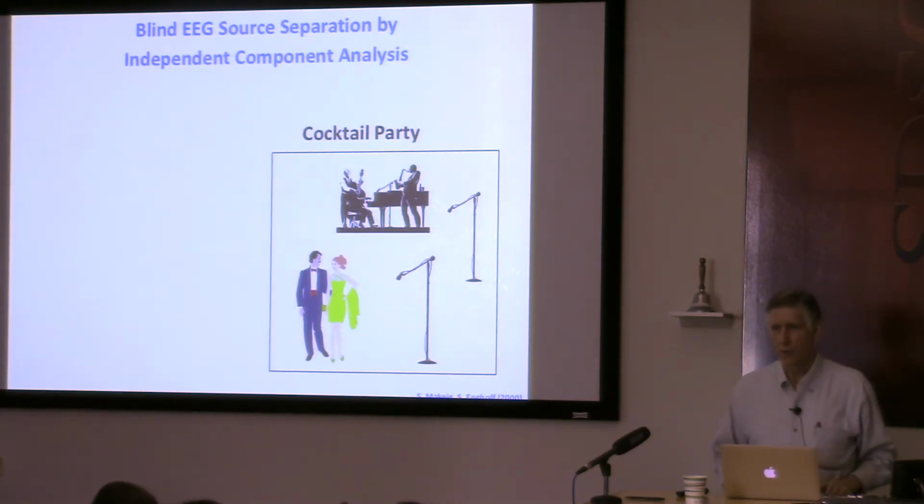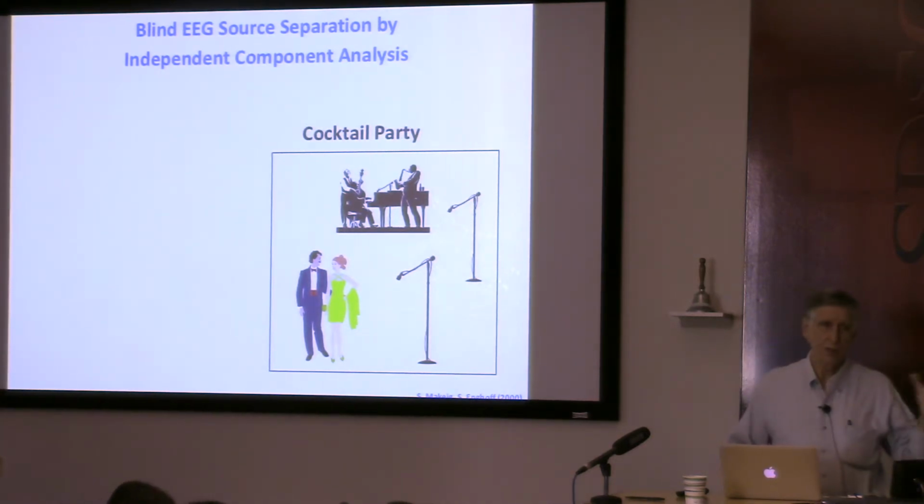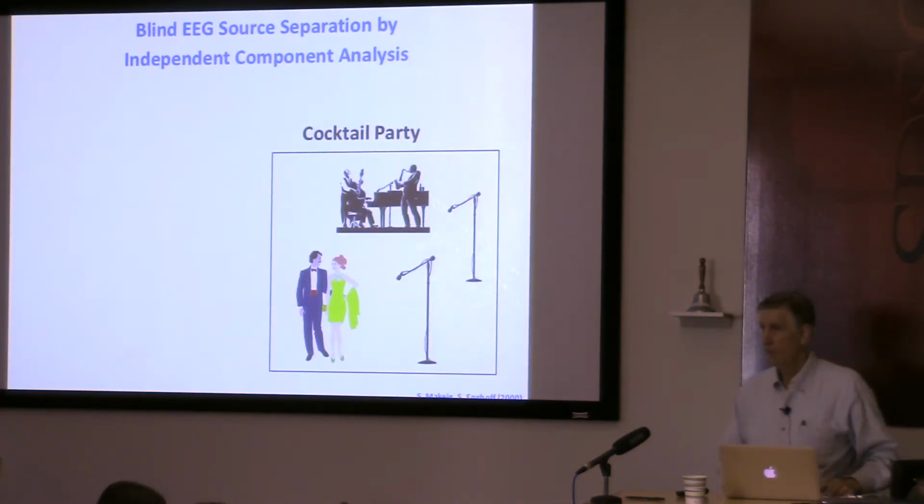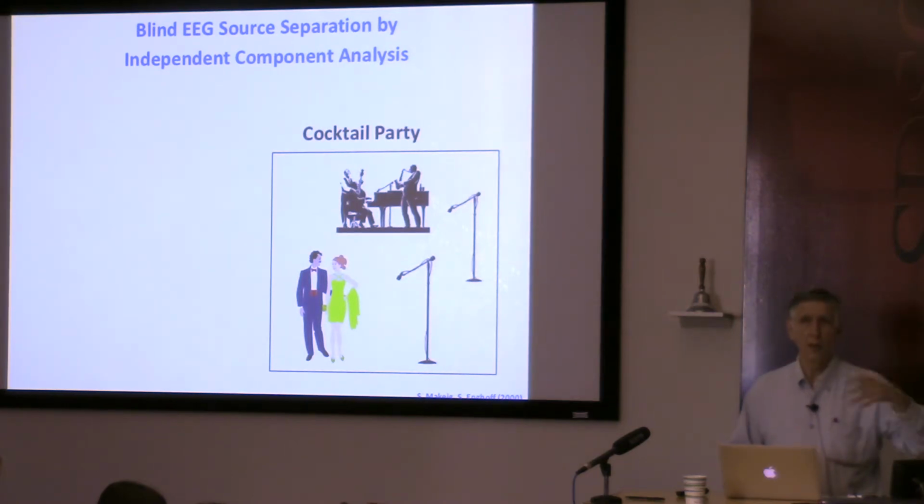And so that's non-blind. But you had to know that there was a man there, and you had to know there was a saxophone. So blind source separation meant let's look for sources of information in the data, irrespective of what they are and what form their activities take.